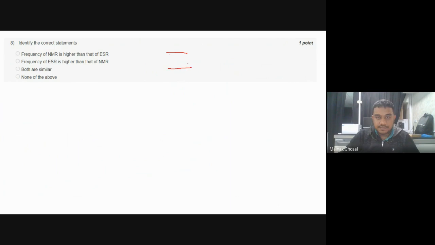So this is alpha or beta for ESR. Which is this one? This one is beta, right? For ESR, this is alpha. For NMR, the opposite is the case. Okay, this is the alpha, this is the beta state, right?